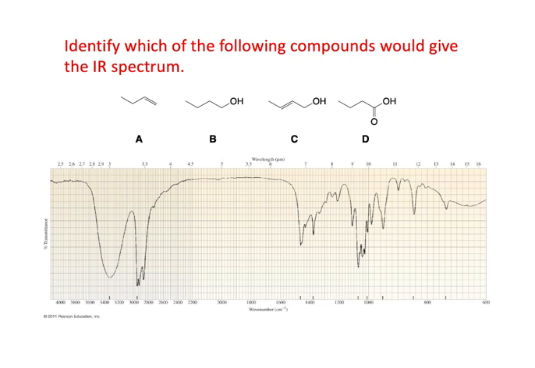All right, here's one more. We've got the broad peak on the left. OH, CH. There's no carbonyl peak, right? All the CH bonds are less than 3,000, so there's no double bond.